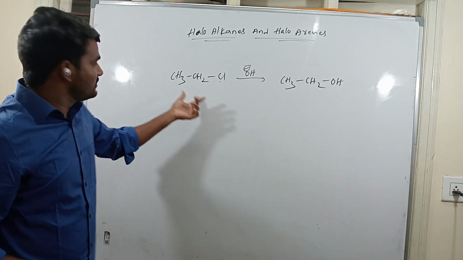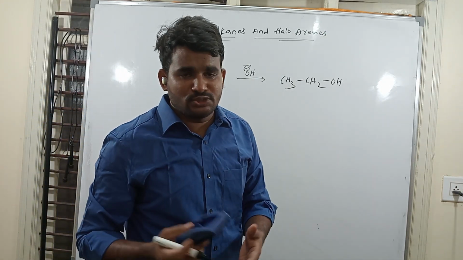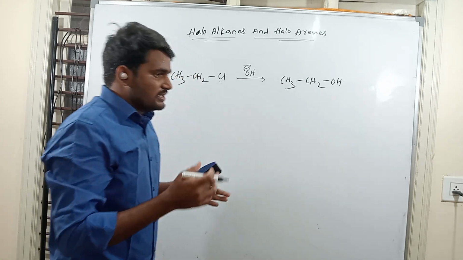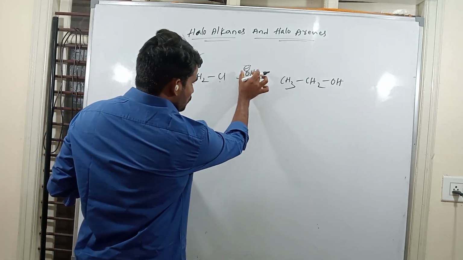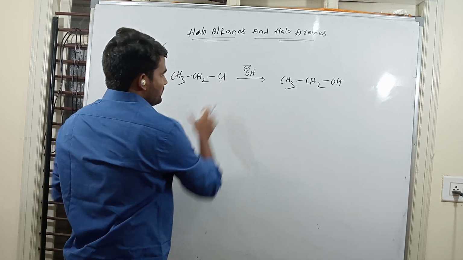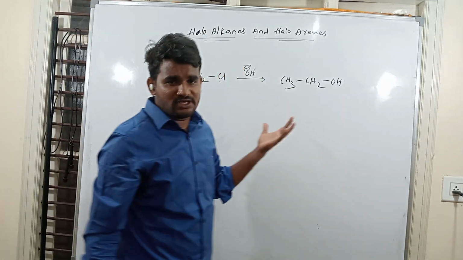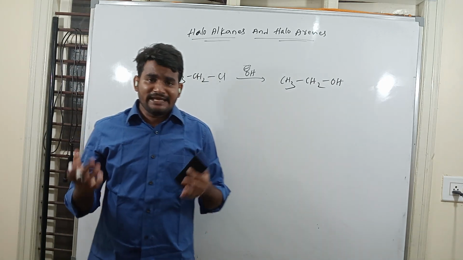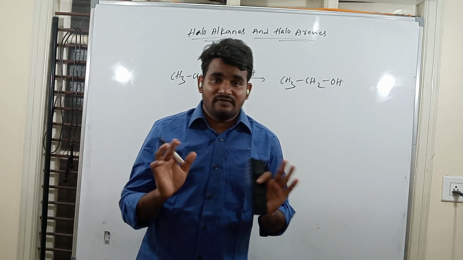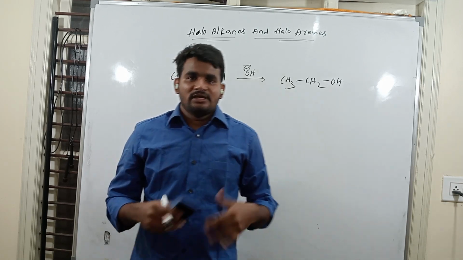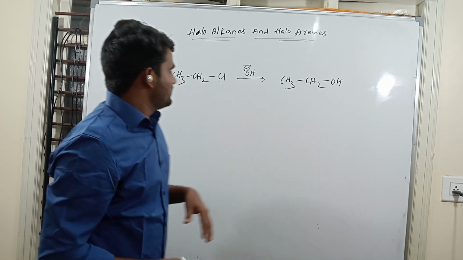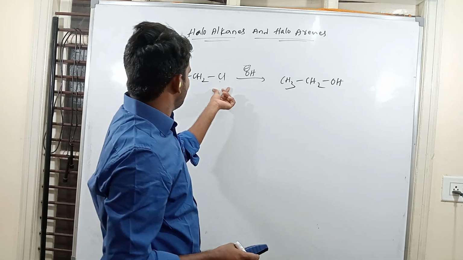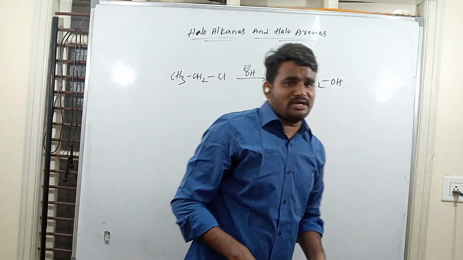Whatever mechanism it follows, I will tell you later what SN1 and SN2 are. A strong nucleophile replaces a weak nucleophile. You know already that strong nucleophiles easily replace weak nucleophiles, but weak nucleophiles do not easily replace strong nucleophiles.